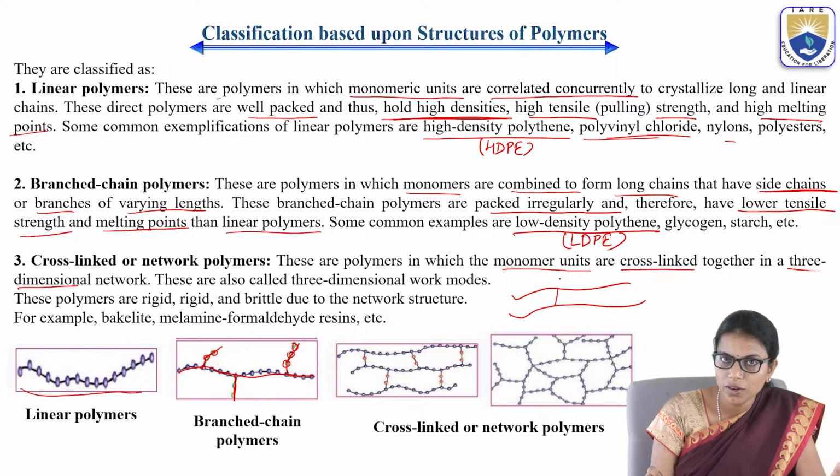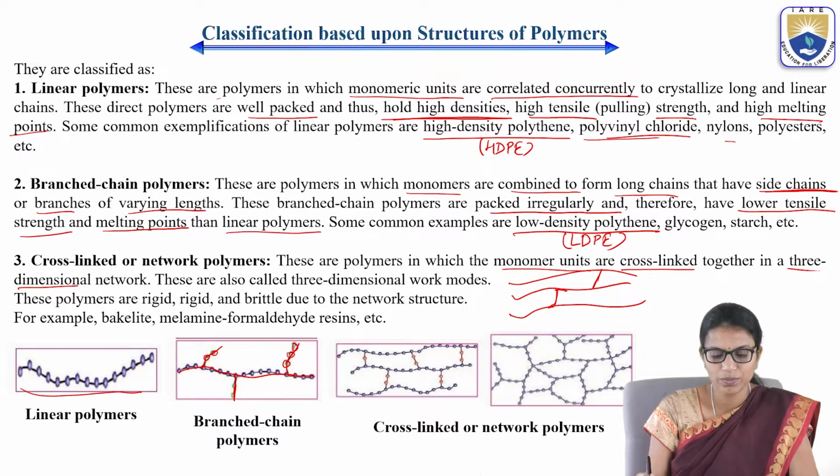Because of more than two functionalities, they are binding from each chain to the other chain. Here, like on the other chain, this type of bonding will be there, and that bonding will be covalent bonding only. If that type of bonding is there, it comes under the cross-linked or network polymer.